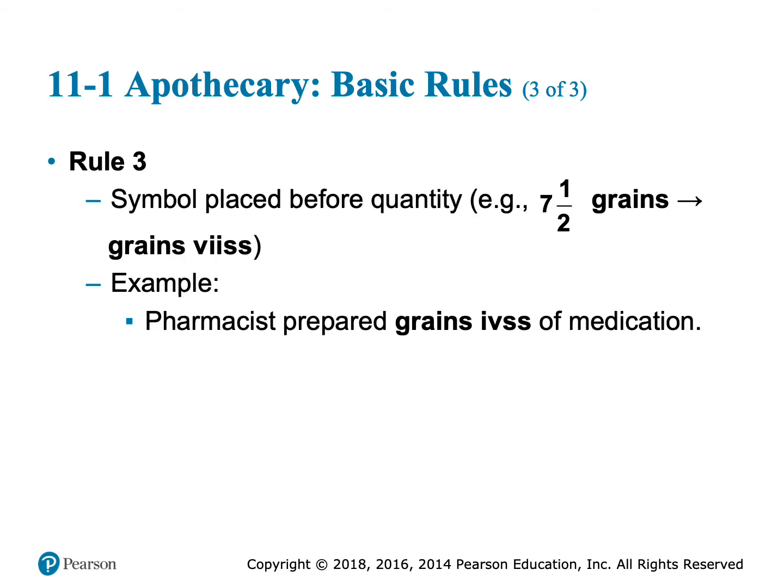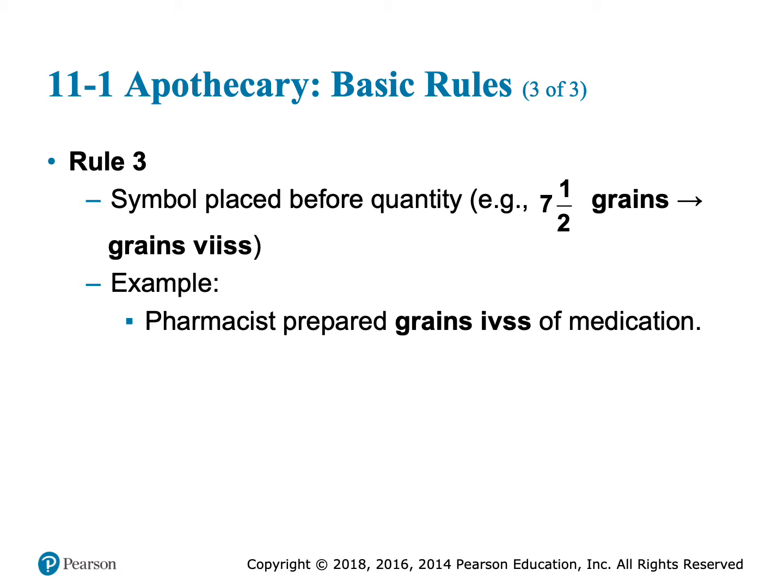Rule number 3, a symbol is placed before a quantity. For example, 7.5 grains equals grains VIISS. So the V is 5, the I is 1, the I is 1, and SS means half, right?